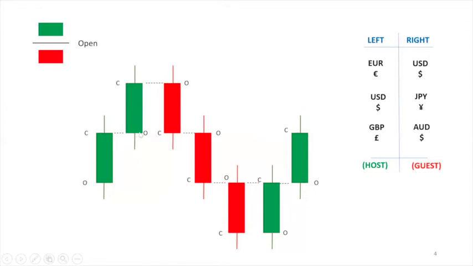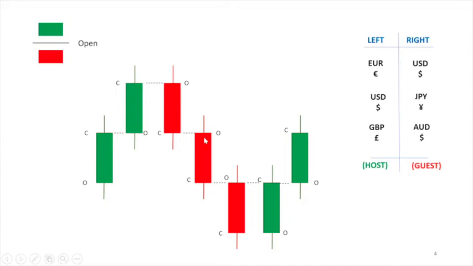Since the price closed above the open, the candle is green, and where it closed is open again here. The price went up, then came down and closed here, so price closed below the open. When the price closed below the open in that particular hour, the candle turned red.